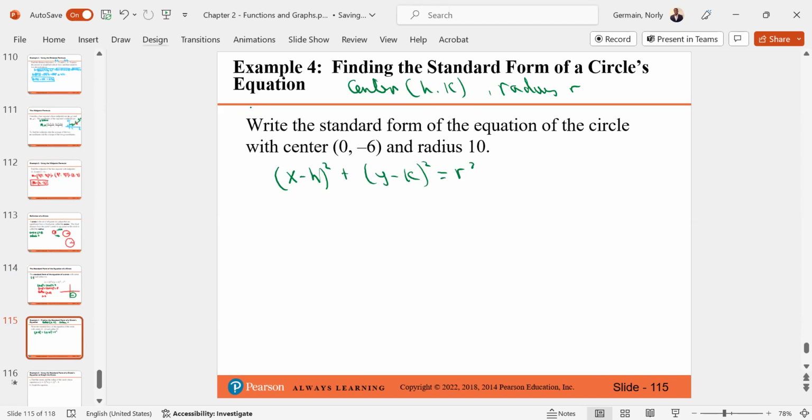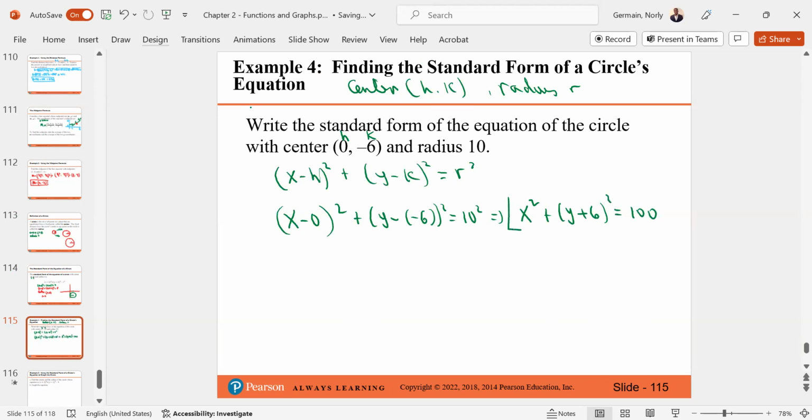Now, looking at what you said, h is 0, k is negative 6, so I can say (x minus 0) squared. For me, that's what it's supposed to be. (x minus 0) squared plus (y minus negative 6) squared equals r squared. r is 10, so r squared is 100. So x minus 0 is simply x squared plus (y plus 6), because two negatives give you a positive, squared, equals 100.